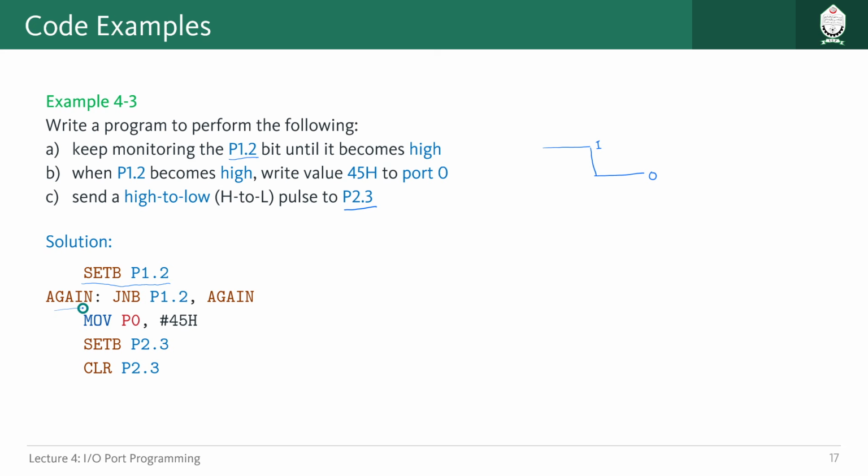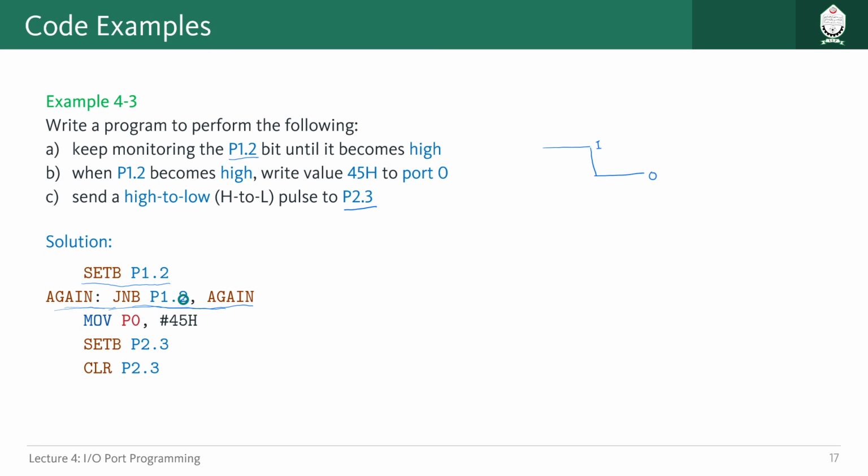Then in this line we are going to monitor. In a loop we will observe the condition of pin 1.2. So JNB bit 1.2: as long as pin 1.2 is 0, we have to go to this label again. So it will just keep itself in this loop until pin 1.2 becomes high.